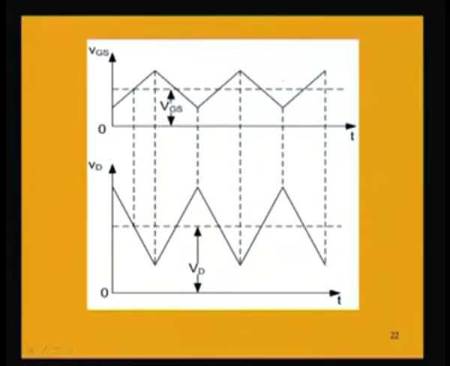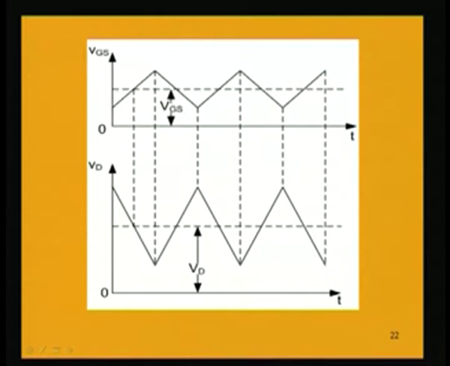Just for easy drawing, we are taking a triangular voltage, nothing else than that. So, we are taking a triangular AC voltage which is v_gs. So, this constant voltage capital V_GS is the DC biasing voltage between gate and source.